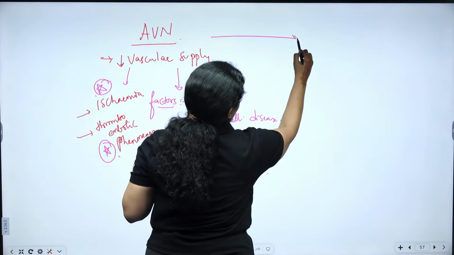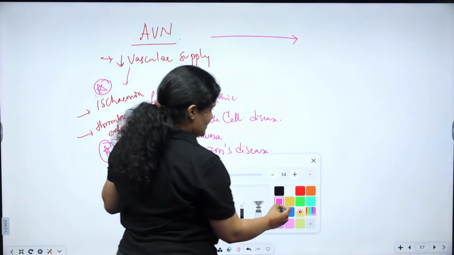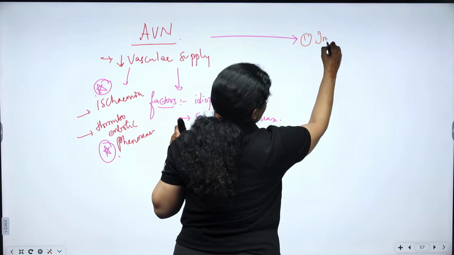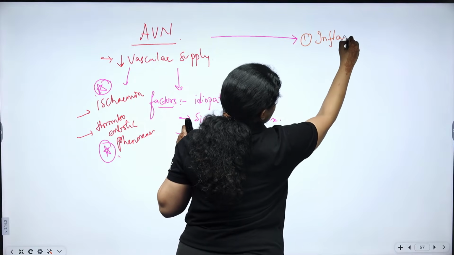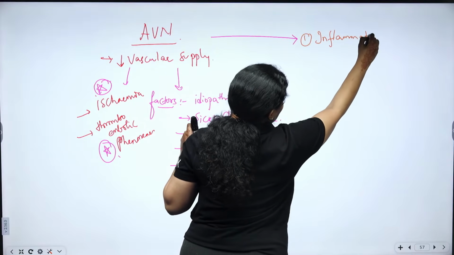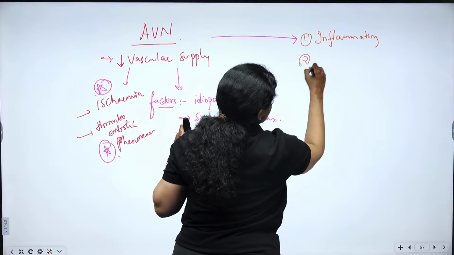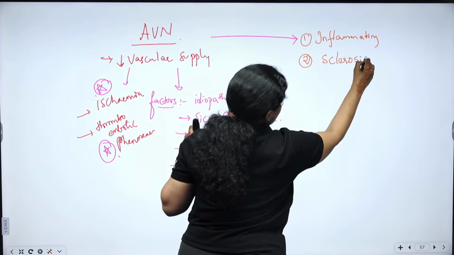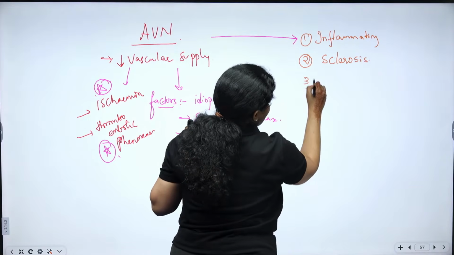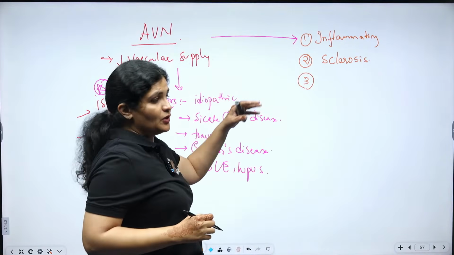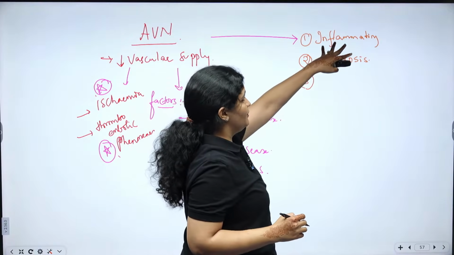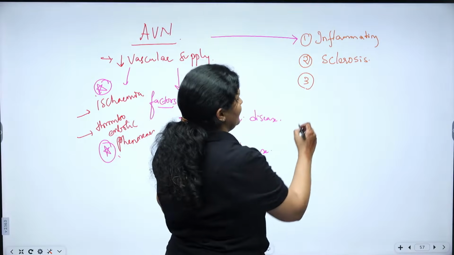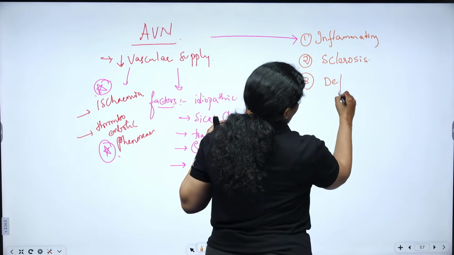And this is a progressive disease where you see stages. The first stage, because of the vascular supply, there will be inflammation. After that, the second stage is sclerotic, so there will be sclerosis. It goes through stages: first inflammation, then a reaction in the form of sclerosis, then deformity enters.